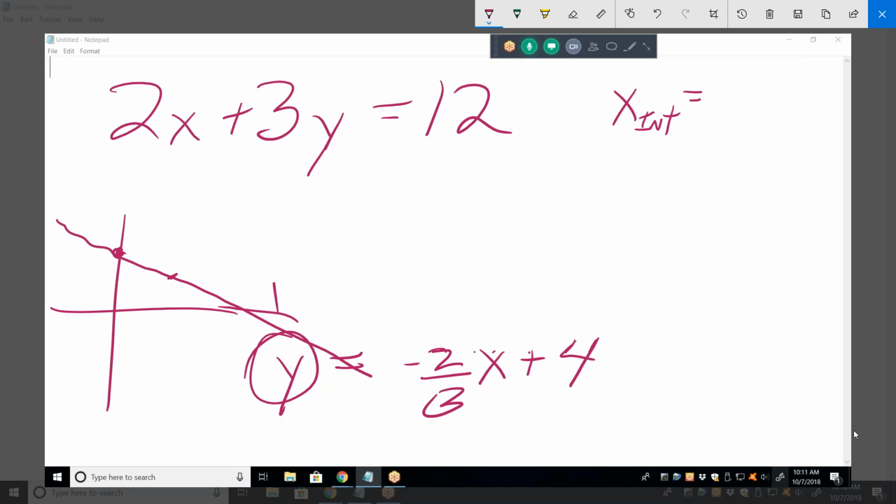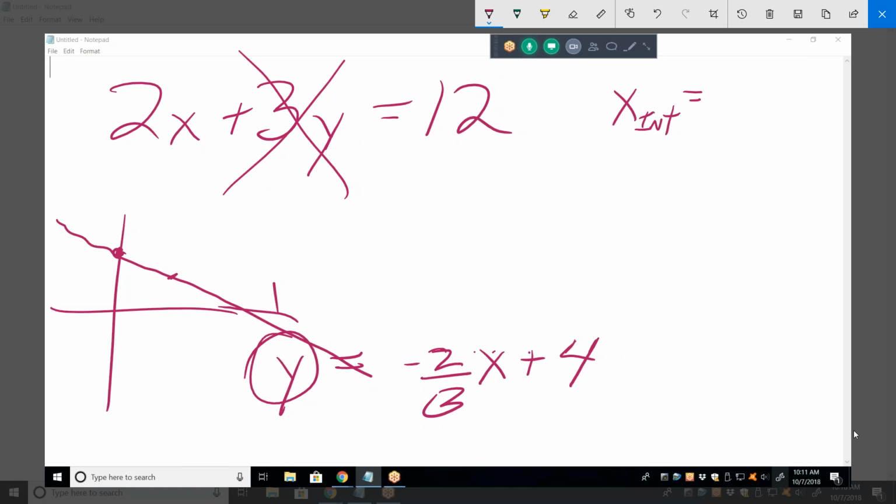Oh, jeez. When you make y 0, that always goes away, no matter what that number is. Anything times 0 is 0. So now you have 2x equals 12. Solve for x and you have your answer.